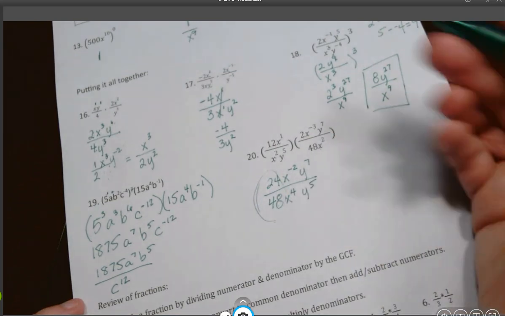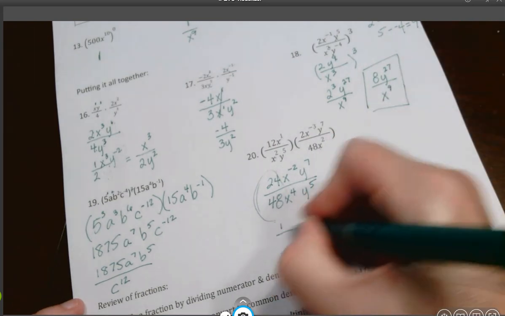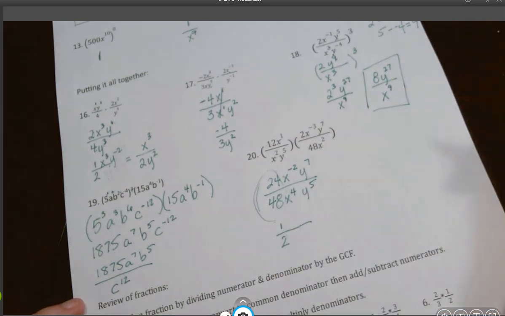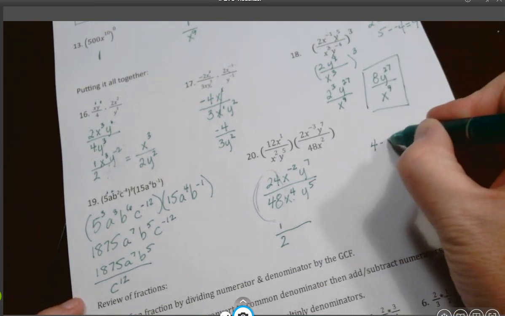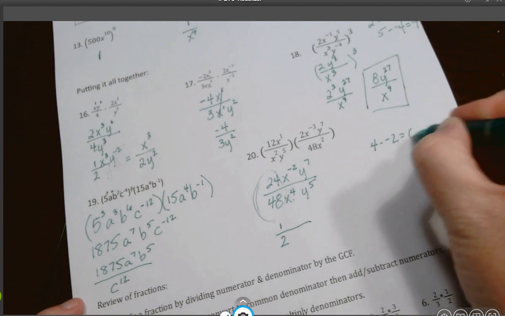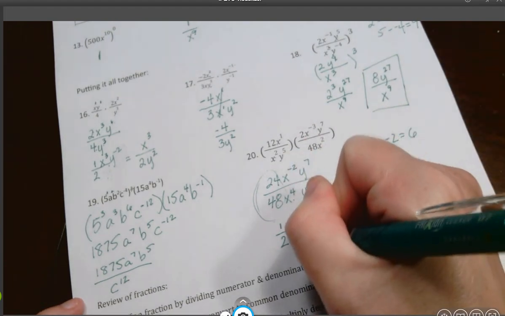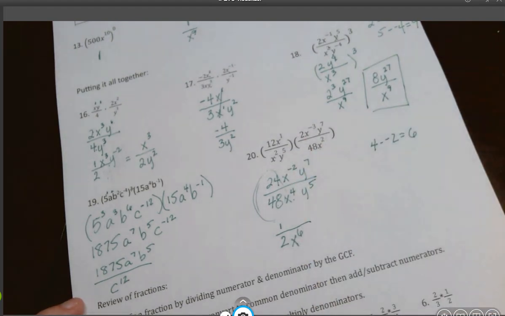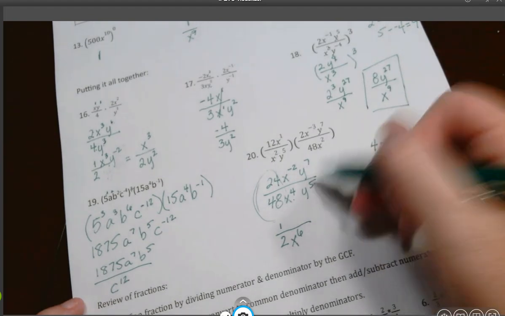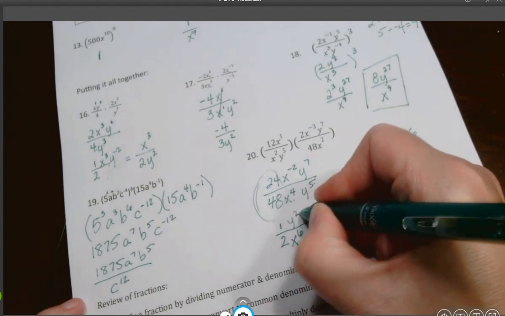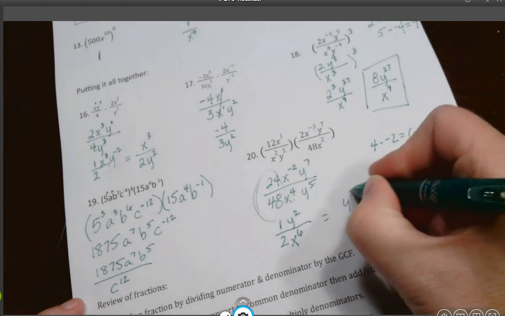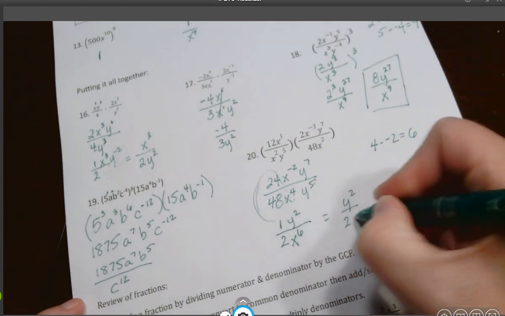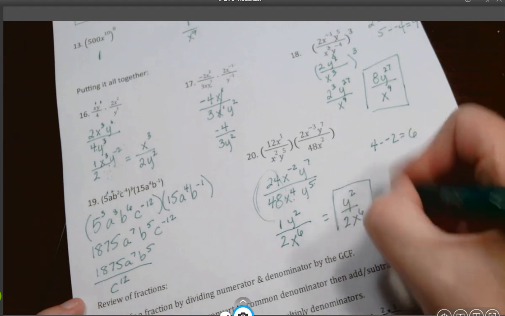If I divide them both by 24, I get the fraction 1/2. I have more x's in the denominator, so I'm going to subtract 4 minus negative 2 to get 6, and I have x to the 6 in the denominator. And then 7 minus 5 gives me y squared in the numerator. Now you can keep the 1 there, or you can just write y squared over 2x to the 6.